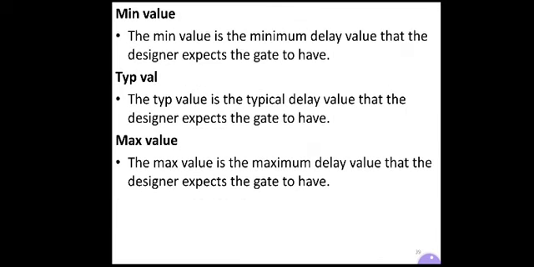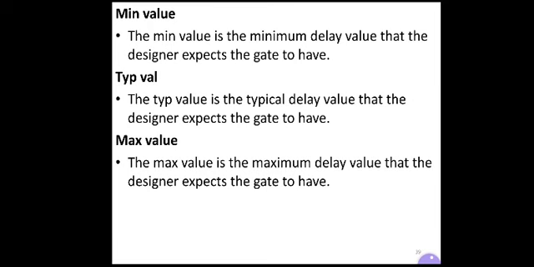So the minimum value is the minimum delay value that the designer expects the gate to have. That is usually the ideal value. Minimum value is, as the name suggests, the minimum delay that the designer expects the gate to have.